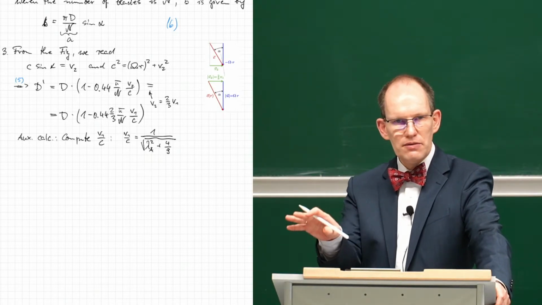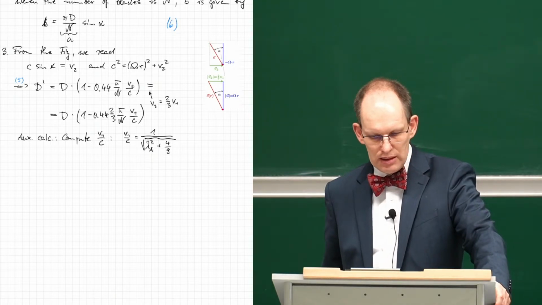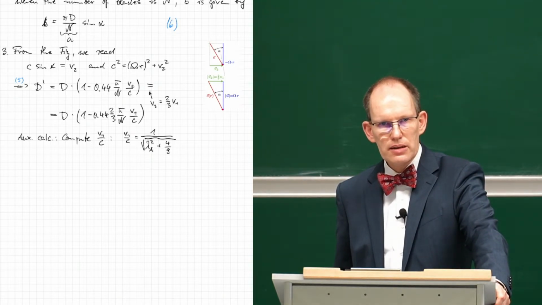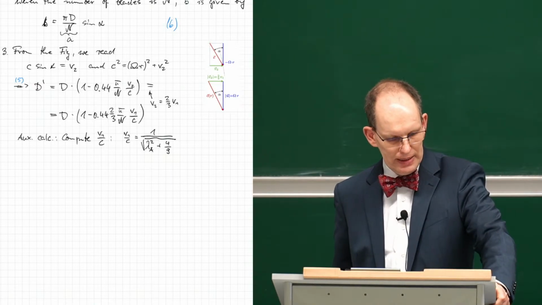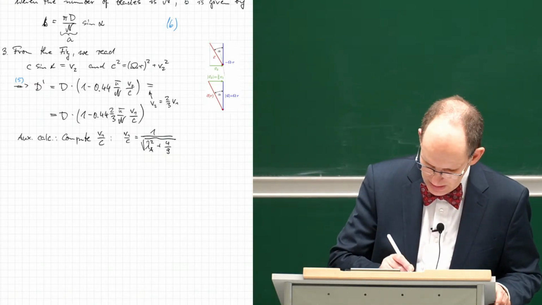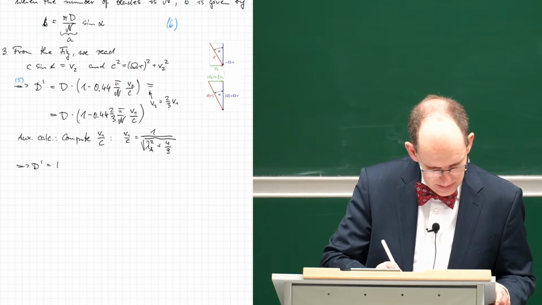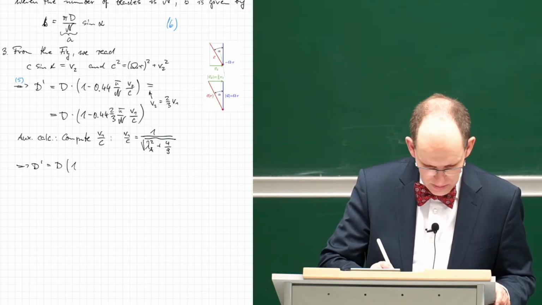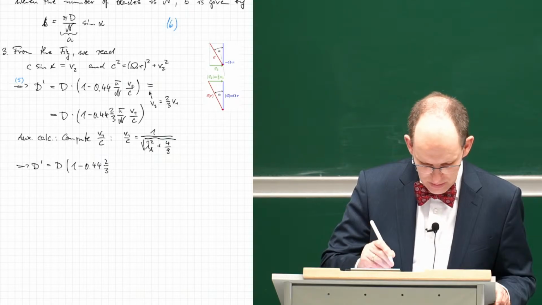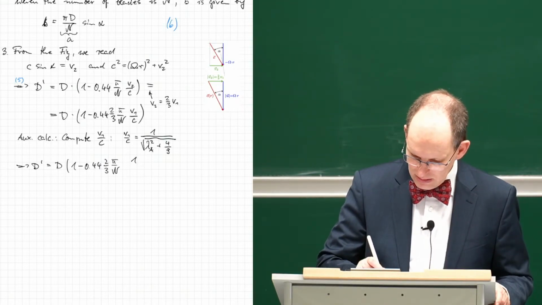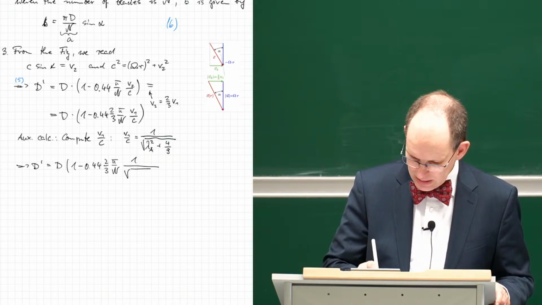That's a very similar calculation we did already when we calculated the Betz design. And then we get that D prime is equal to D times 1 minus 0.44 times 2 over 3 pi over N, and then this ugly expression here.